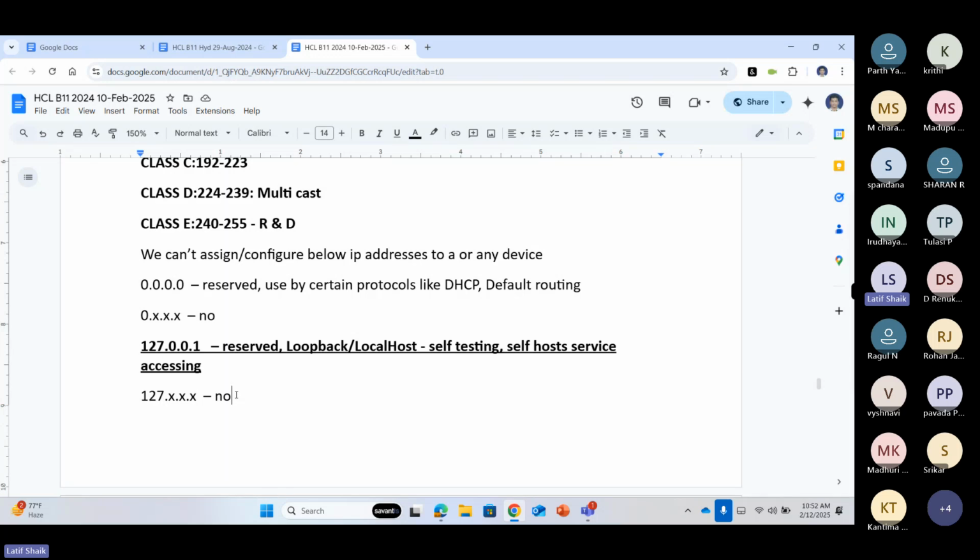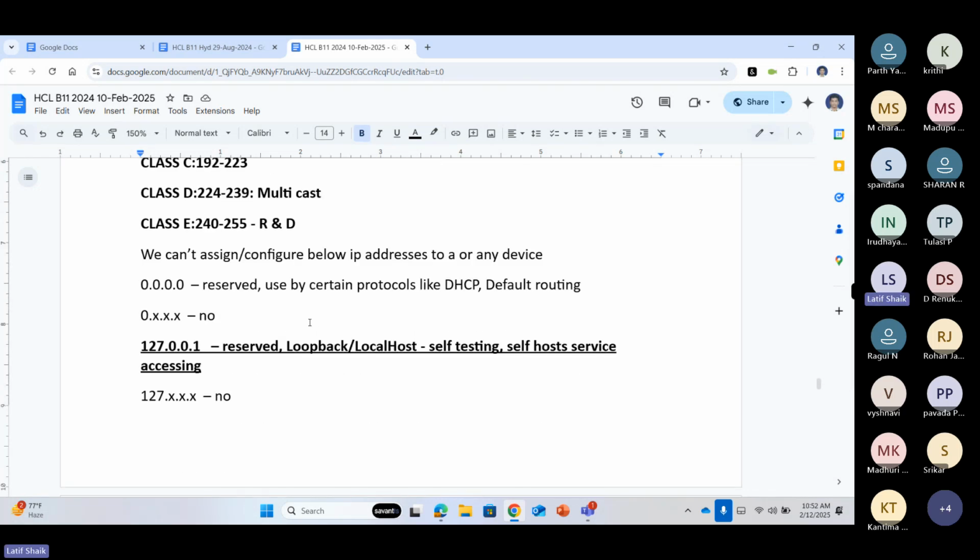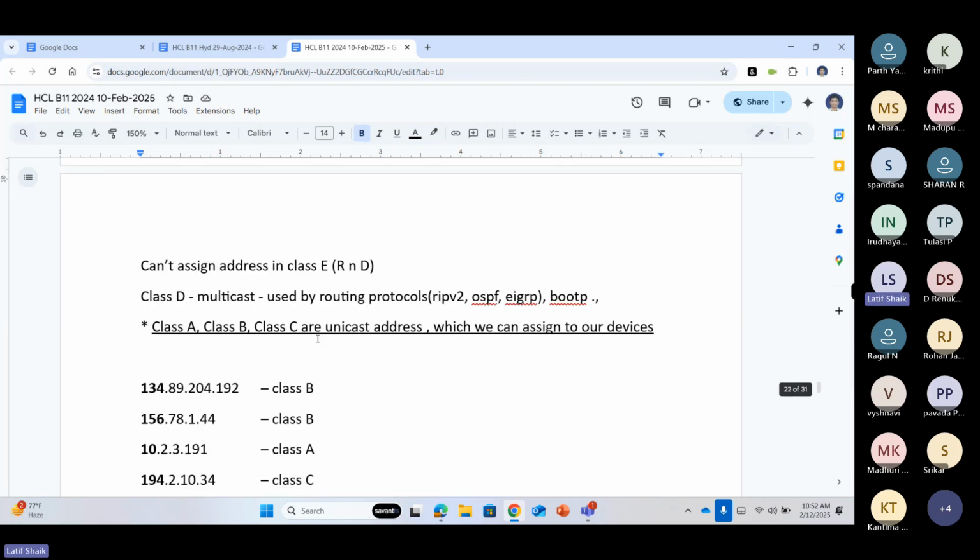One more is there, that we'll see later. So you can assign IP addresses from 1 to 223, except 127. Another range is also there, a separate range, we'll see.